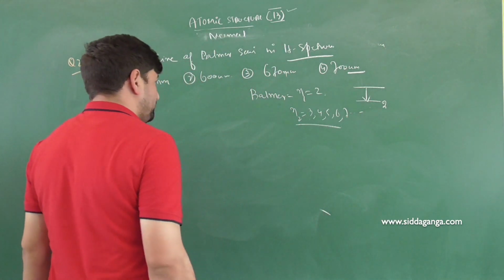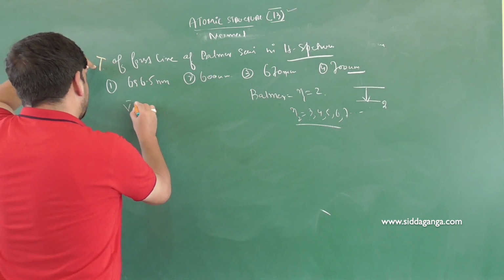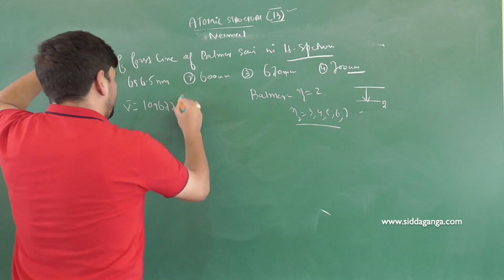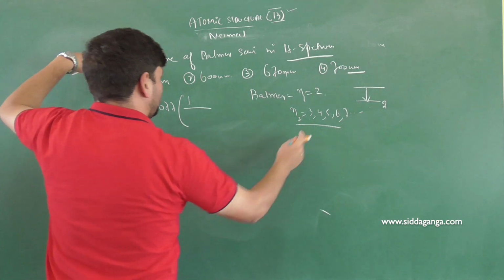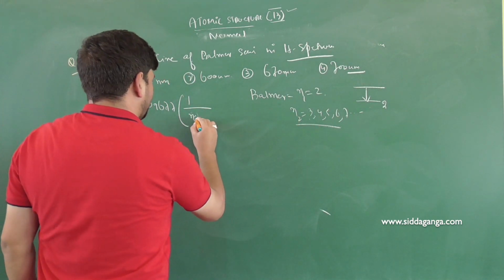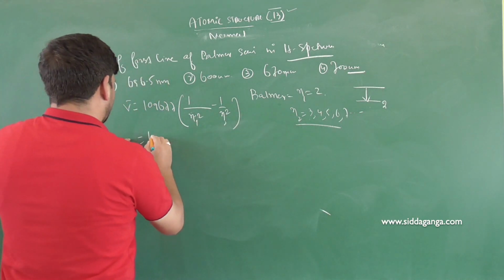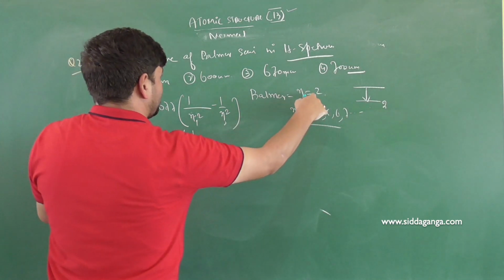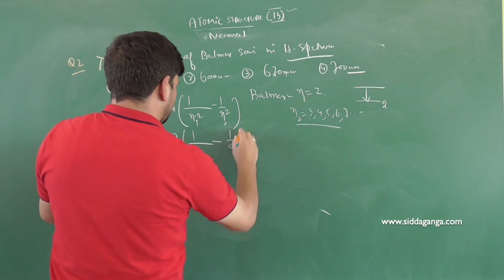Which series? Balmer. Now we have to calculate wavelength. I will directly write wave number equals 109677 into Z square, because it is hydrogen atom, Z square will be 1, into 1 by n1 square, that is 1 by 4, minus 1 by n2 square, 1 by 9.